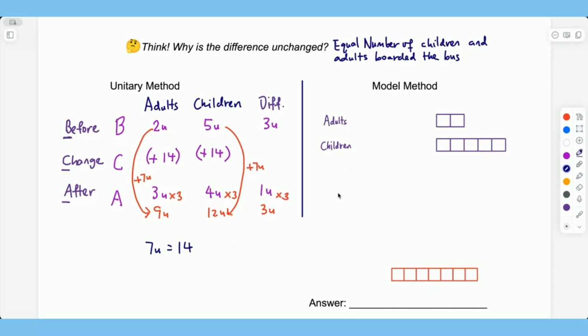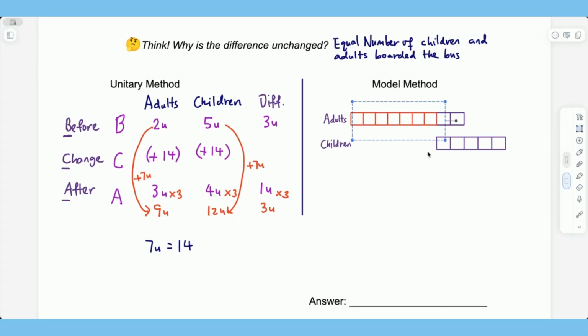Now moving on to the model. At first, there were 2 units of adults and 5 units of children, as seen here. And then we have to add 7 units of adults and 7 units of children. So let's do that.